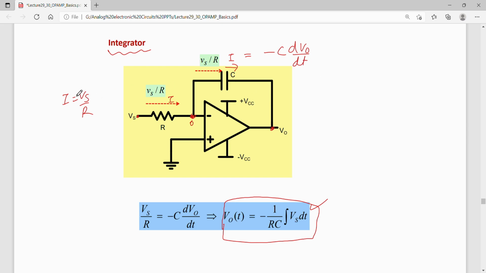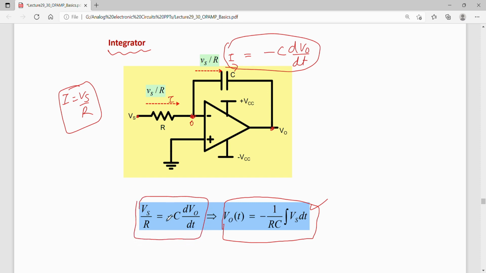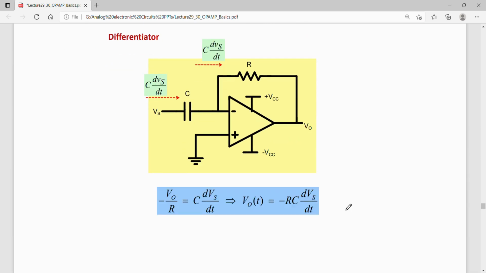So these two currents are equal, so I can equate them. Vs by R is equal to minus C dV naught by dt. I take dt up over here, integrate both sides, and get the final output as the integration of the input. So this can act as an integrator.